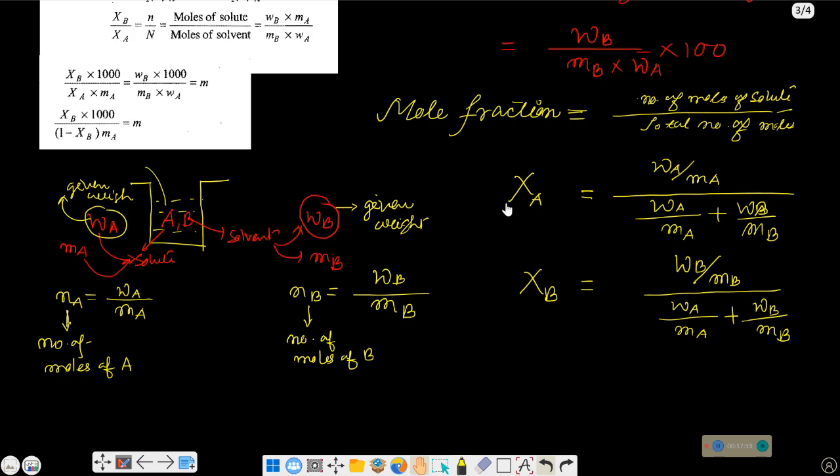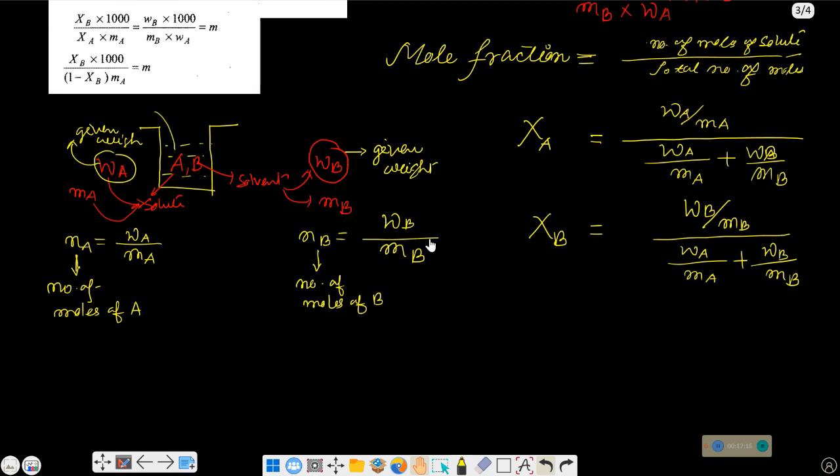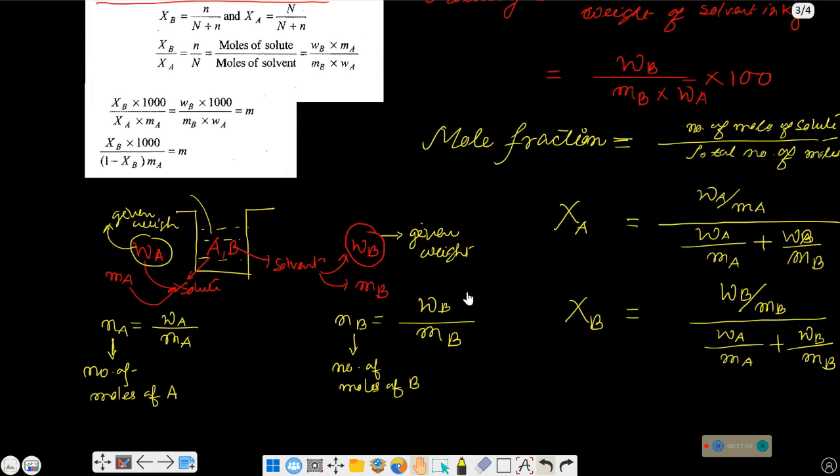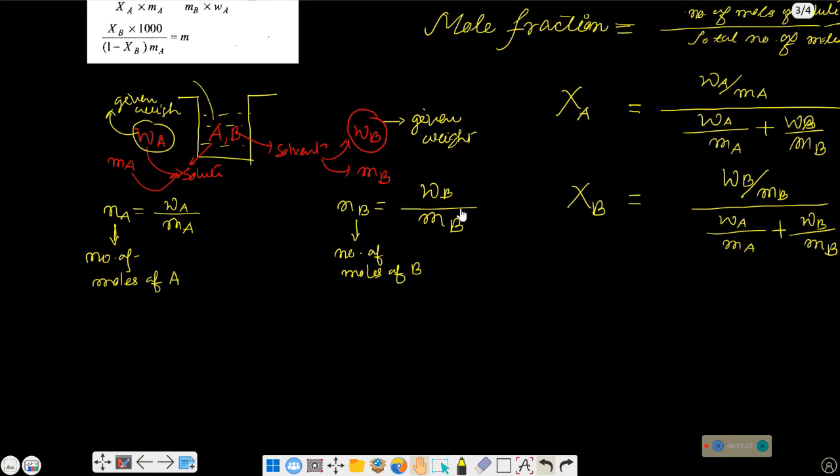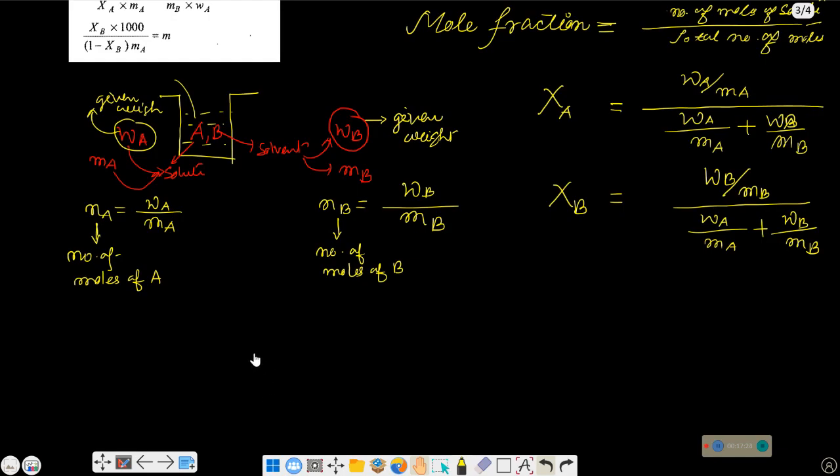Now you see, if you take xB by xA, mole fraction of B by mole fraction of A, means mole fraction of solvent by mole fraction of solute.